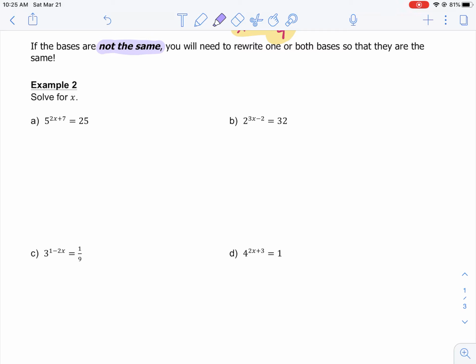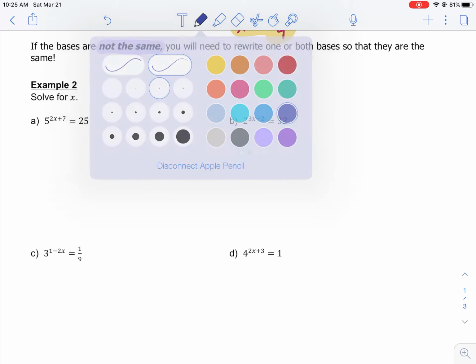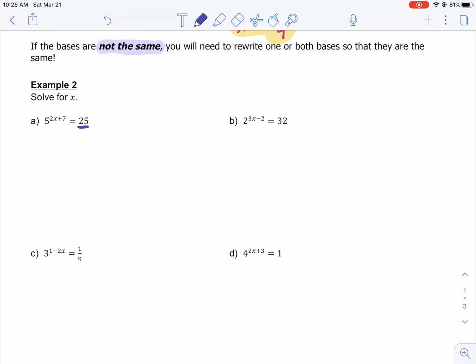For the next example, we have 5 to the 2x plus 7 equals 25. You want to try to rewrite the larger number, in this case 25, using the same base as the other side. So we're going to rewrite the 25 so that it has a base of 5. We know that 5 squared is 25, so we replace the 25 with 5 squared.